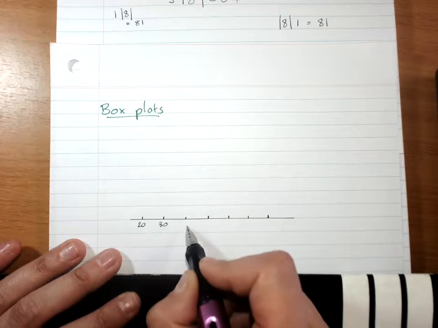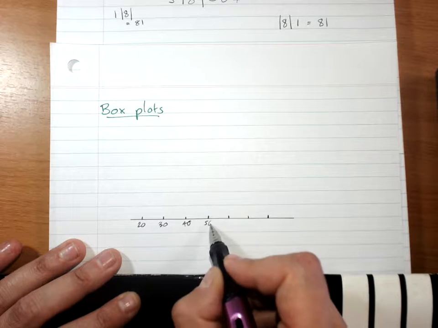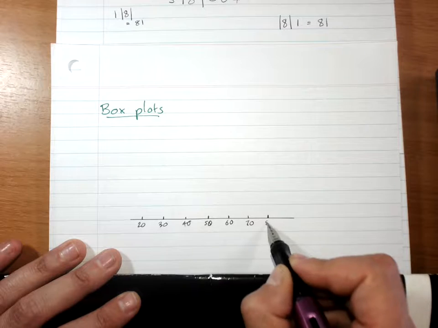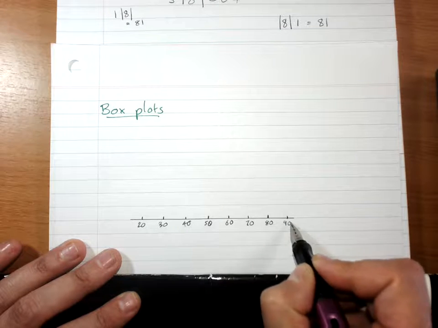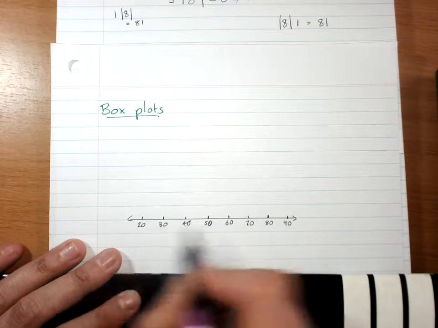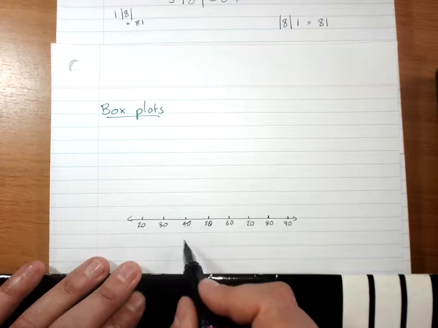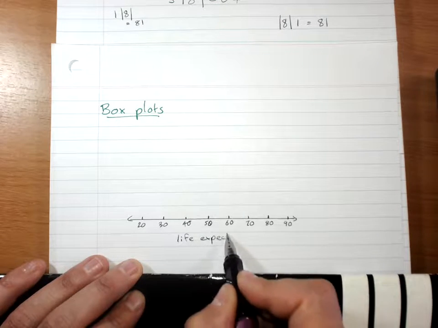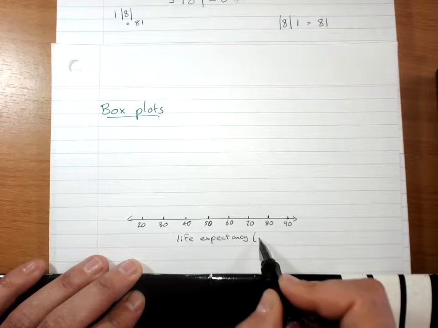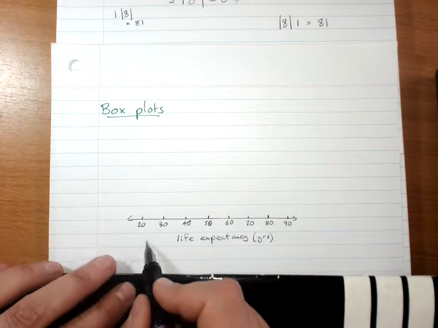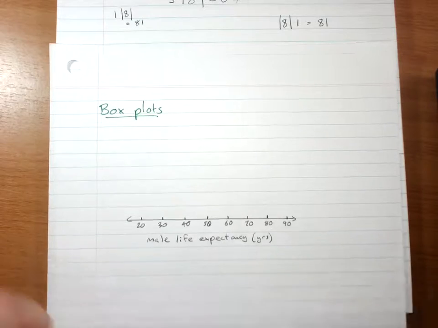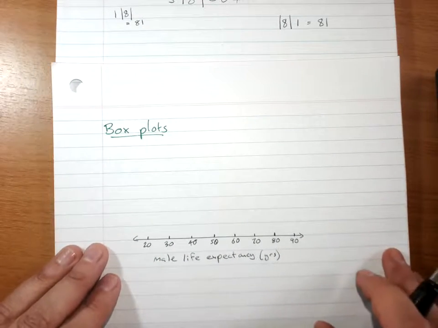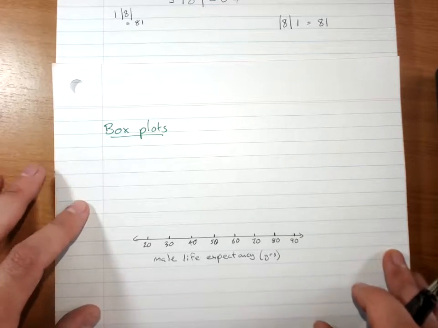20, 40, 50, so we've got a number line, and I just go one more further out. This is life expectancy in years, male life expectancy. And obviously for the box plots we will need the 5-figure summary.